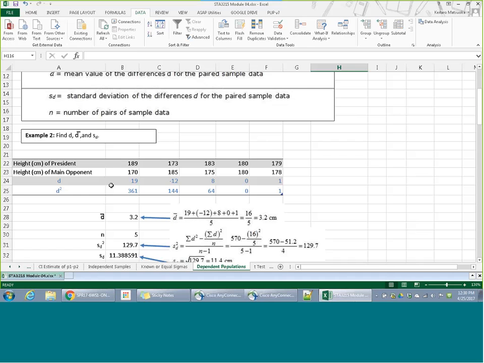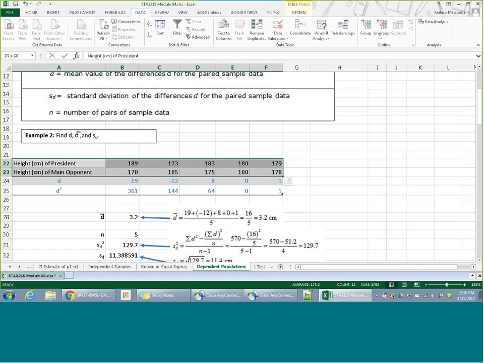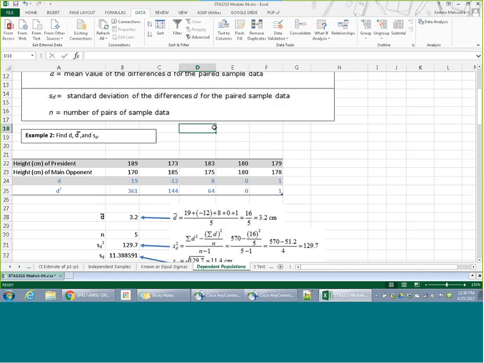Let's assume you're given this information here: the heights of the presidents and the heights of their main opponents. To calculate d, you just take the difference between this and this. To get the square, you just square it.